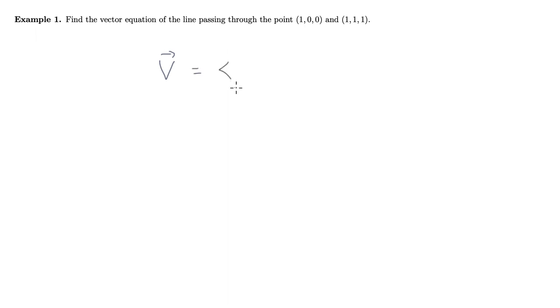So for our direction vector, we can use (1 minus 1, 1 minus 0, 1 minus 0), which is just (0, 1, 1).